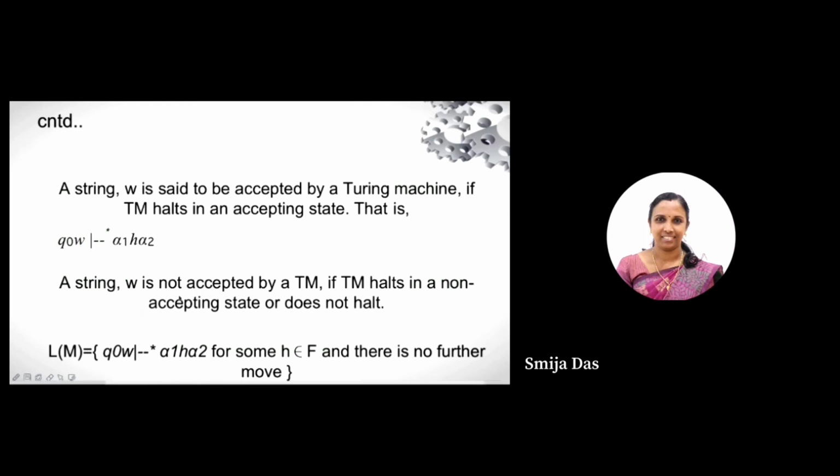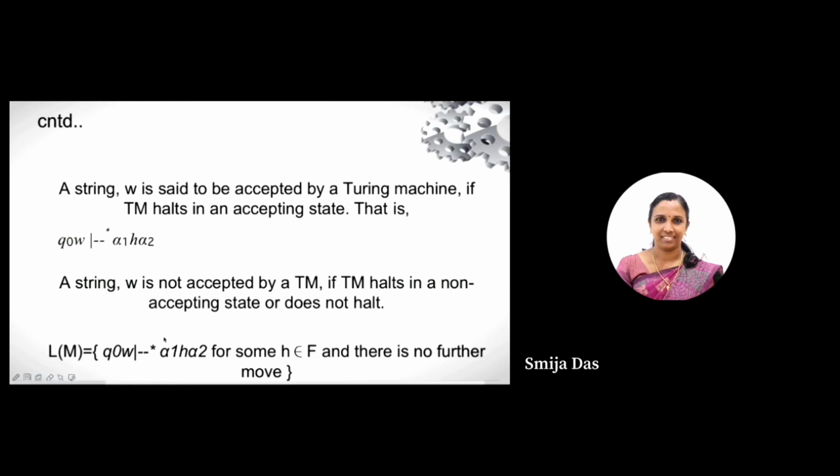A string W is not accepted by a Turing machine if the Turing machine halts in a non-accepting state or reject halt state, or it does not halt.